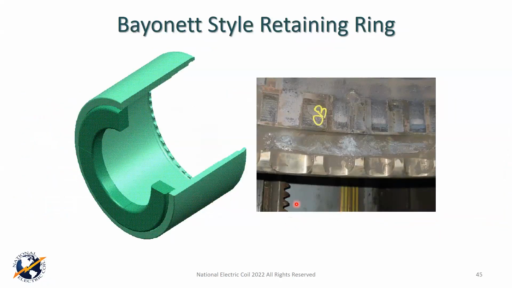Now, again, we're with the Awesome Owners Group, and this is the bayonet style ring. This is obviously an illustration. You've got the bayonets over here. You can see the ribs. And when you go to install this, you'll be heating up this ring with induction heating, and you'll line up the ribs here with the troughs here. Then when they pull it on, they'll twist this ring a little bit so those ribs line up with these ribs, and that holds it on axially.